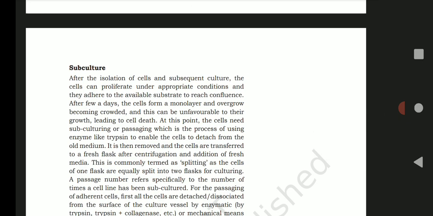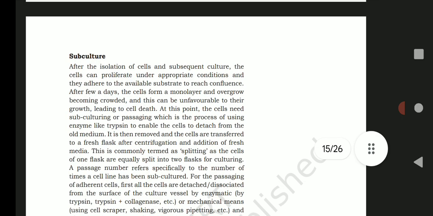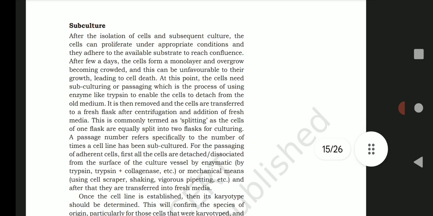and they are collected, and they adhere to the available substrate to reach confluence. After a few days, the cells form a monolayer and overgrow and get crowded. When overcrowded, it is unfavorable for growth and development because the bottom layer will not get a sufficient amount of nutrients as well as growth factors necessary for cell development.